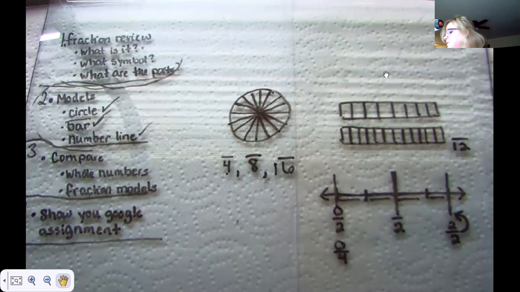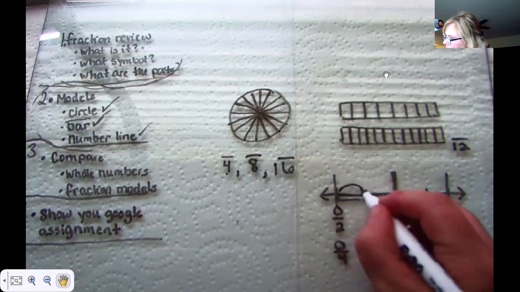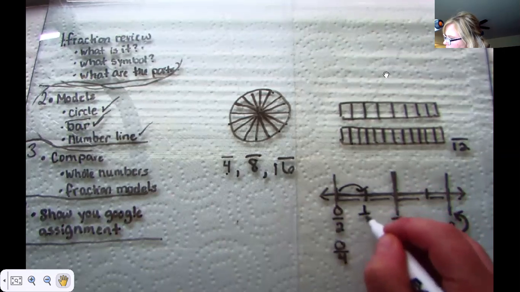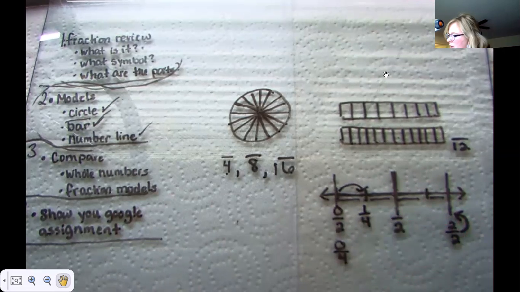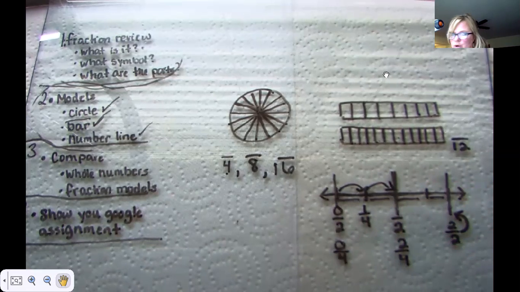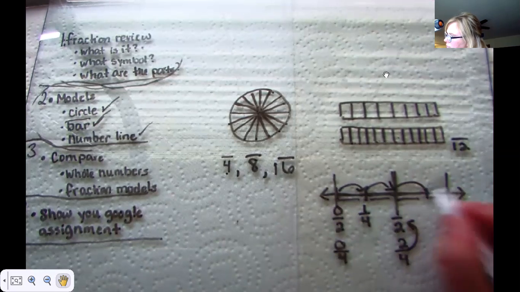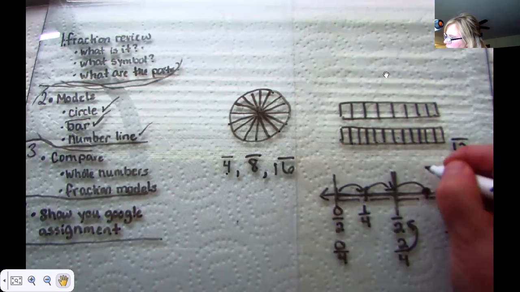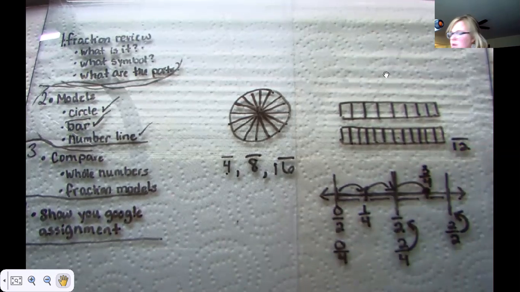Then I bounce over here, and I'm at 1/4. I bounce again, and this is describing 2 of the 4 parts, which 2 is half of 4, which is equivalent to 1/2. If I bounce here, I have a point that is 3/4. And 1 more bounce, I'm at 4/4, or 1 whole thing.